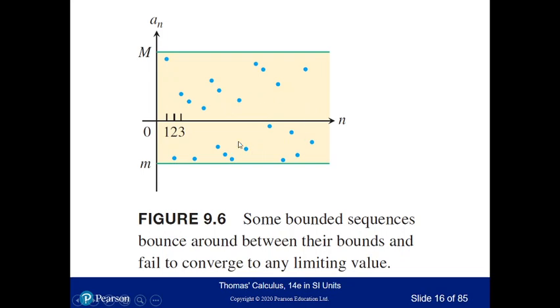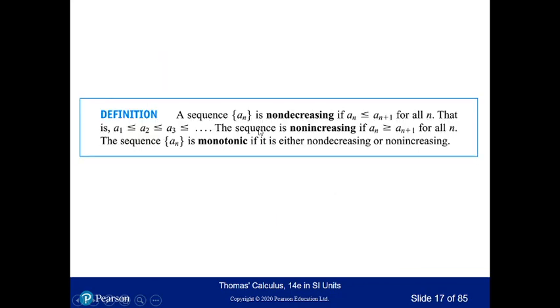As you see, this sequence is bounded between capital M and m. It doesn't go outside of this border, okay? It doesn't have a limit, but the values of the sequence just live in between these two numbers. But we've seen the unbounded sequence before.